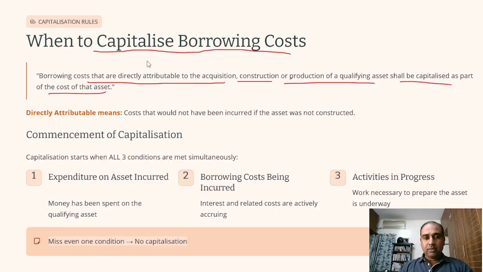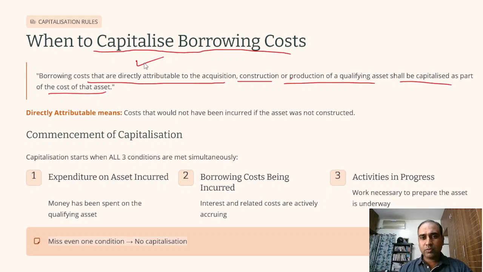So borrowing costs which are directly attributable. Directly attributable cost means cost that would not have been incurred if the asset was not constructed. If we are not constructing the asset, we will not incur certain costs. If we are going to construct an asset, a lot of costs will be incurred.